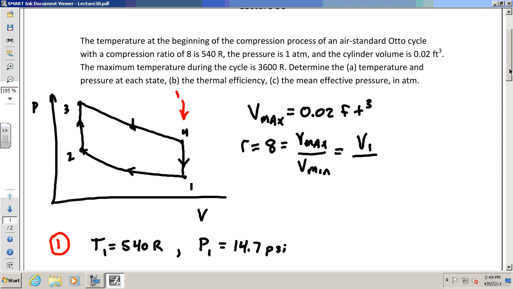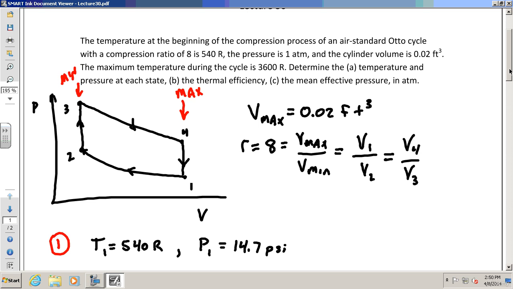These are my max volumes here, and these are my mins. So volume 1 divided by volume 2. What's another relationship I can make between those volumes? What else has the max volume and this min volume? Yeah, V4 over V3, right? So in either case, compression ratio is V1 over V2 or V4 over V3.